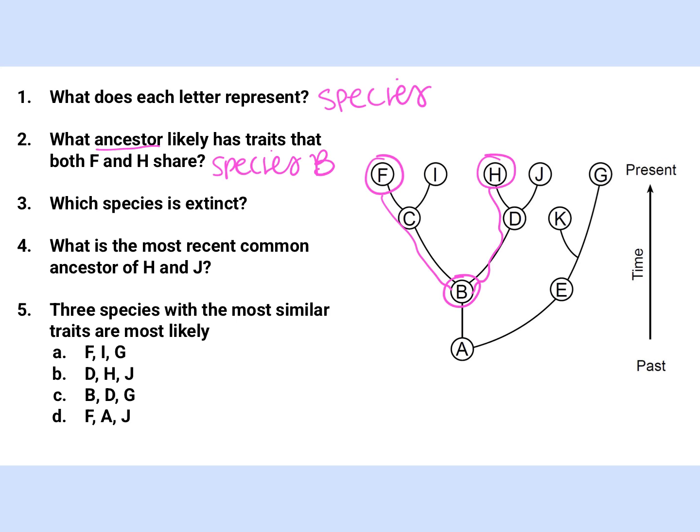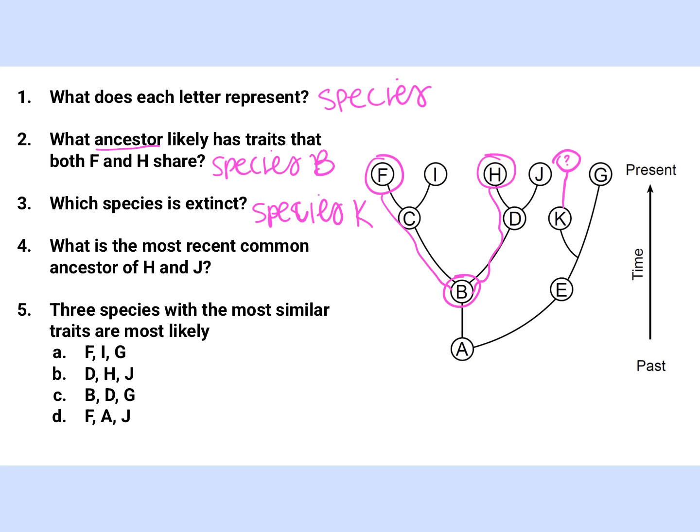Which species is extinct? That is going to be species K. And the reason for that is because there's no species that evolves after species K, and that is because it went extinct. So normally we have environmental changes that through natural selection lead to evolution and eventually speciation.